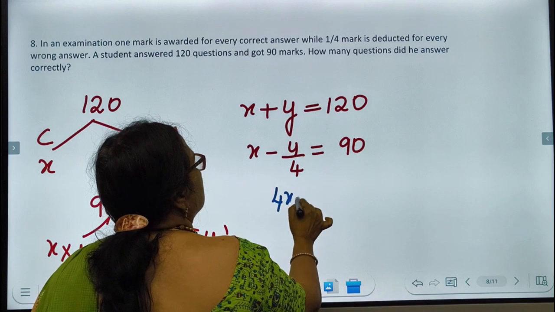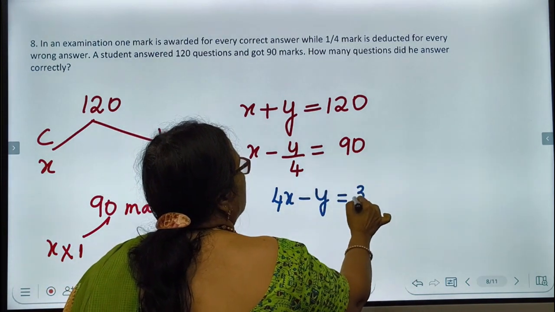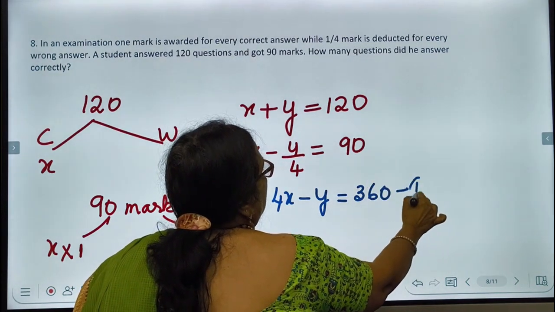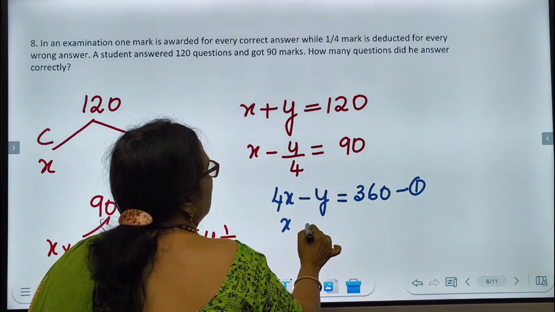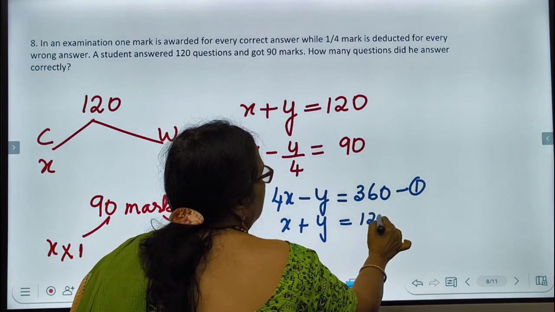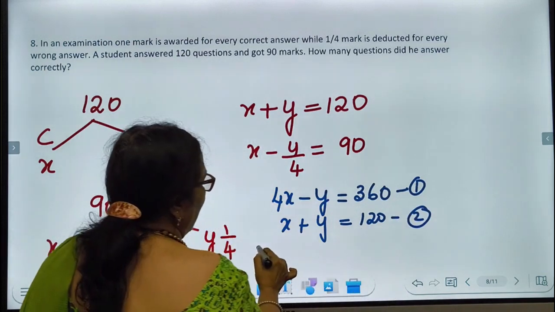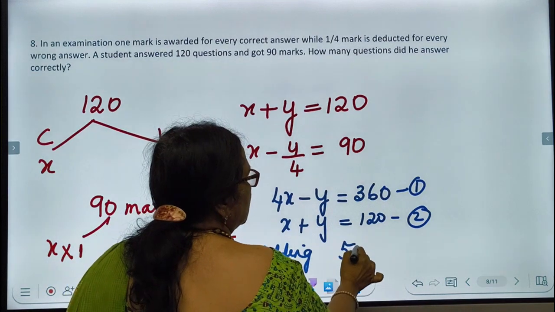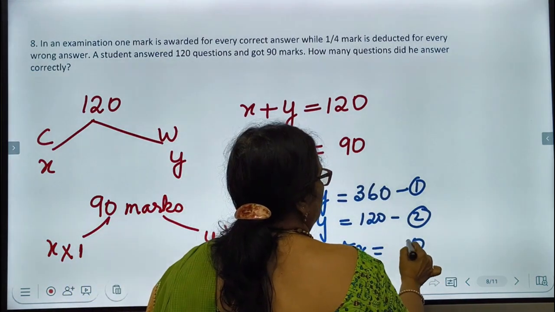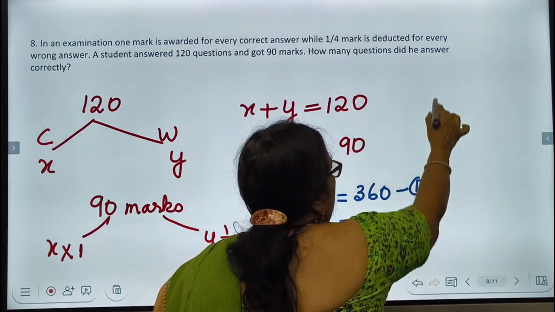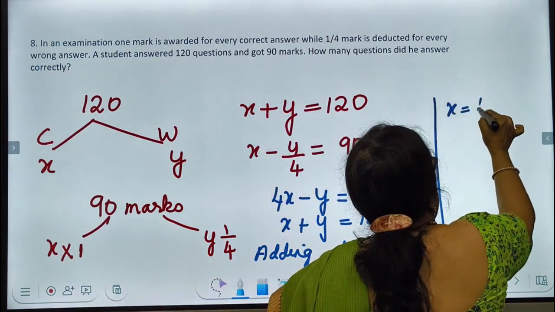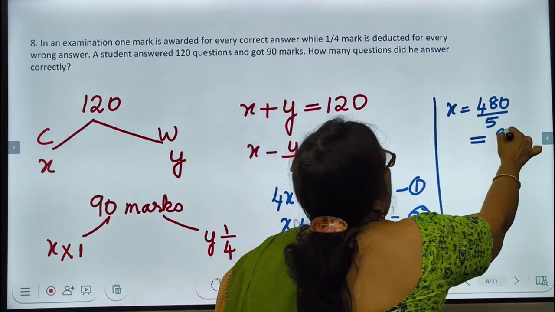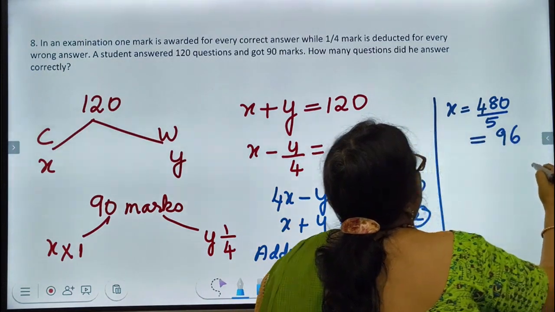So 4x minus y equal to 360. I have simplified the second equation. Let me call it the first. The other one is x plus y equal to 120. Adding, 5x equal to 480. So x will be 480 by 5, which is 96.